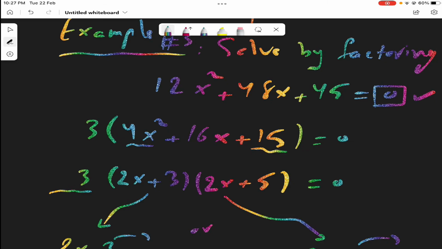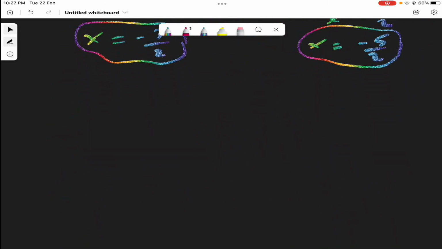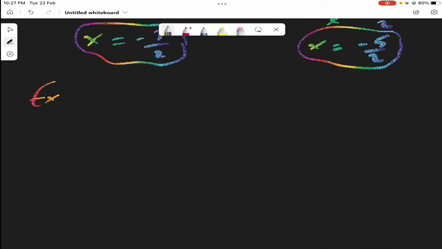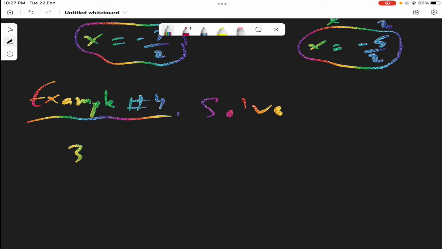The last example: solve by factoring 3(x² minus 1) is equal to negative 3x² plus 2x plus 5.